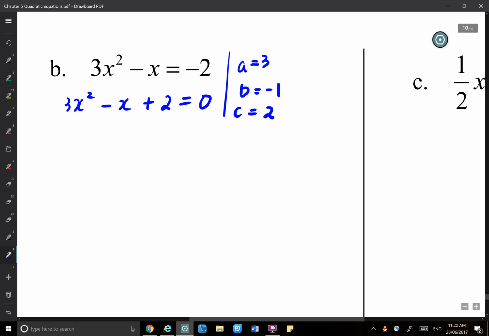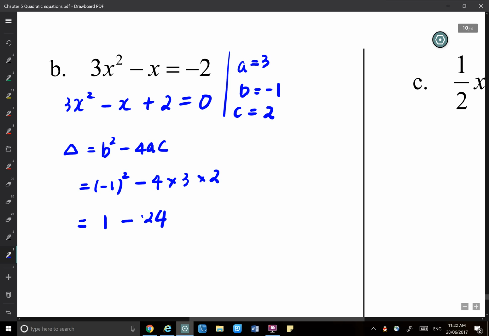All right. So I will check my discriminant first to see if there will be 1 solution, 2 solutions, or no solutions. That equals to b squared minus 4ac. That equals to minus 1 squared minus 4 times 3 times 2. 1 minus 24. That equals to minus 23.